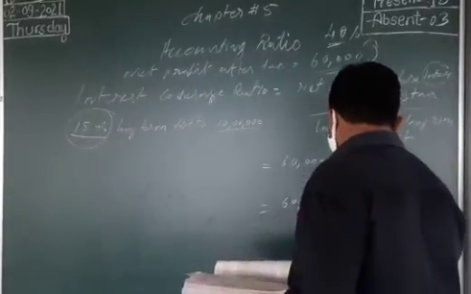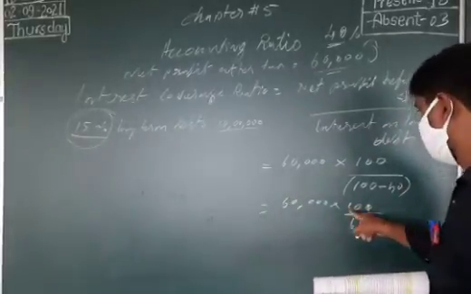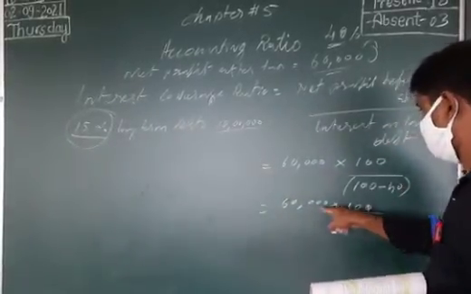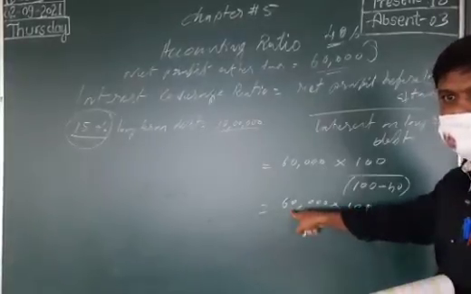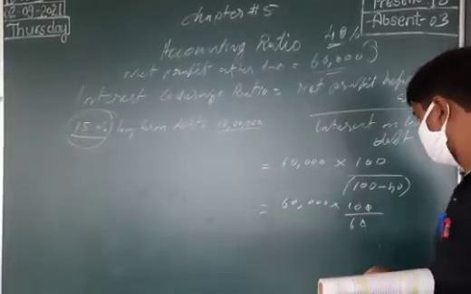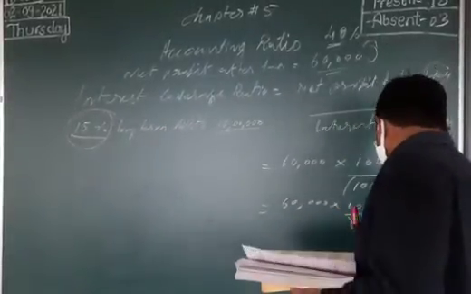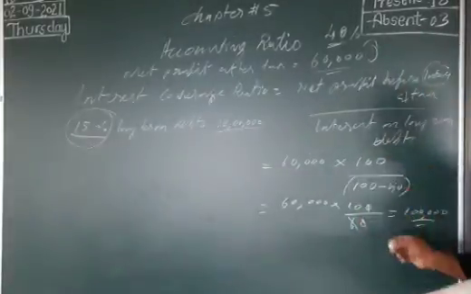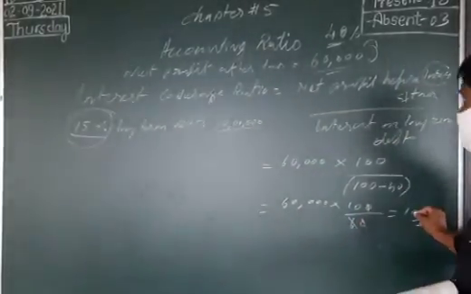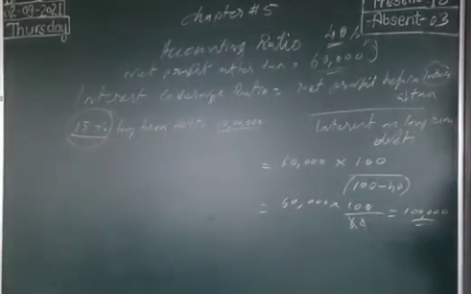That is 60. Then 1 into 6 lakh now. 60,000 into 10 is 6 lakh. 6 lakh divided by 6 is 1 lakh. This 1 lakh is the net profit before tax. And now we need to find the interest.